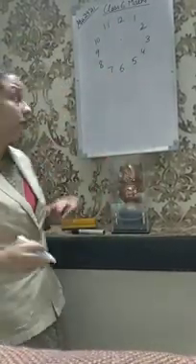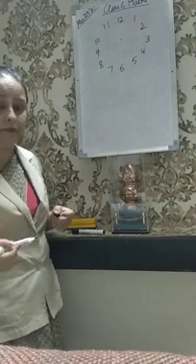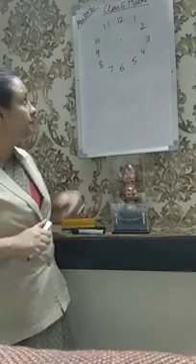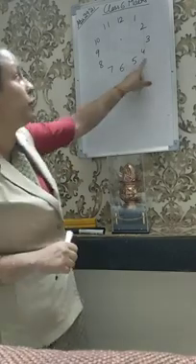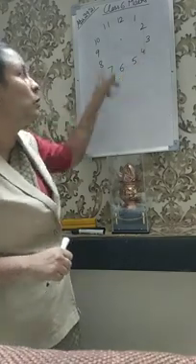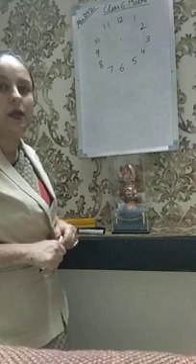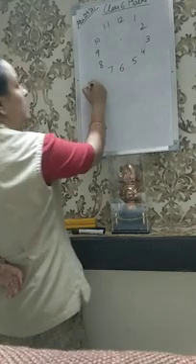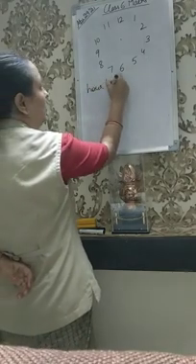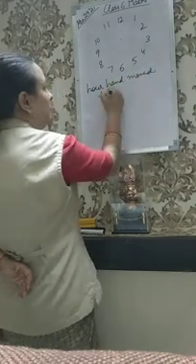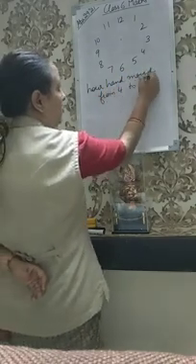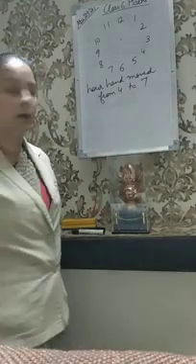Alright. Now beta, another example. Now say that the hour hand has moved from 4 to 7.